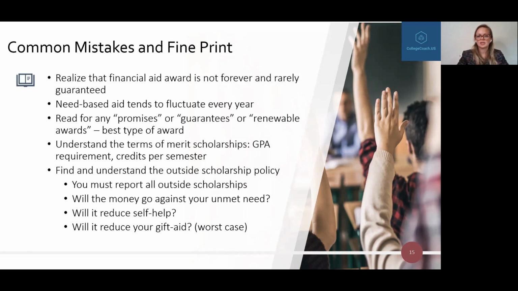Understand the terms of merit scholarships. Most of the times there's a GPA requirement and there's a credits per semester requirement. Those are the two most basic terms that the student needs to make sure that they fulfill to receive the scholarship, to make sure that it's renewed. And there are some schools that have very unfair terms, to say that, oh, they gave me the scholarship and they only want me to keep a 2.5 GPA and take at least 2 or 3 classes.